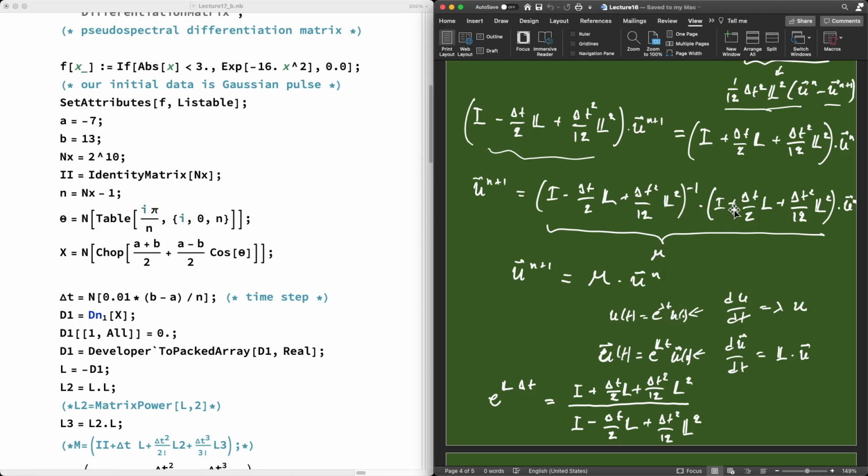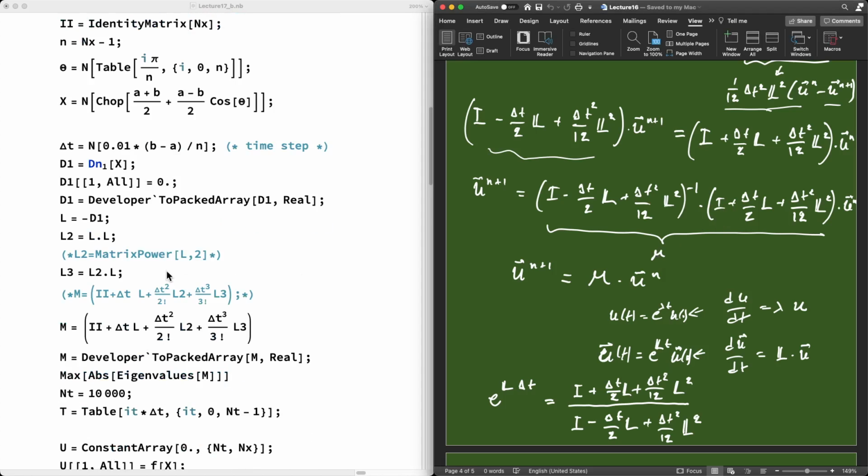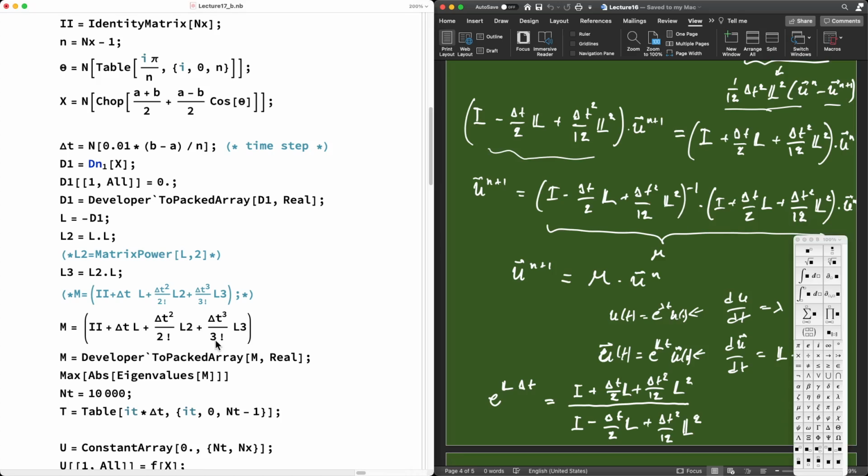So we have a unit matrix here, and delta t times L plus the delta t squared over 12, so I'm going to put a 12 here. And I don't really need this. And then I need the same expression here, but with a minus. So I'm going to need this with a minus, and that's the inverse matrix.